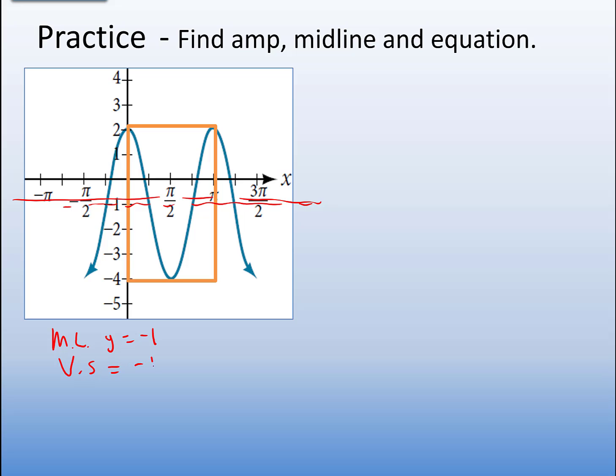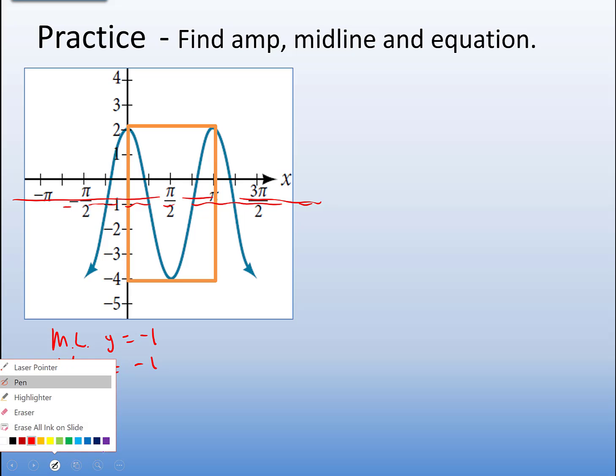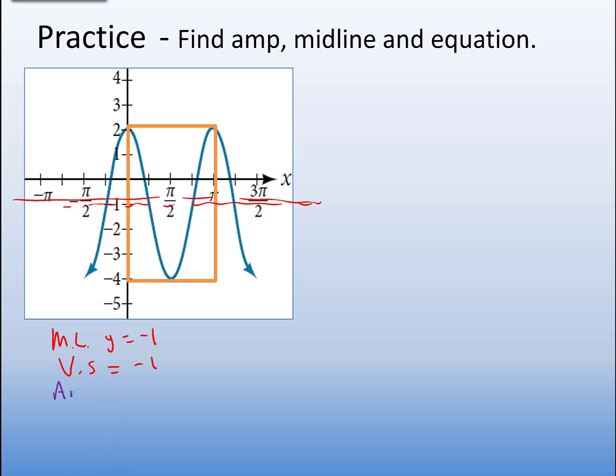The vertical shift is -1. Okay, that'll be important. Next, I need to know the amplitude. The amplitude is from the midline to the top, which is 3 units. Same with going from the midline down, it's also 3 units. So basically the amplitude is half the box height.